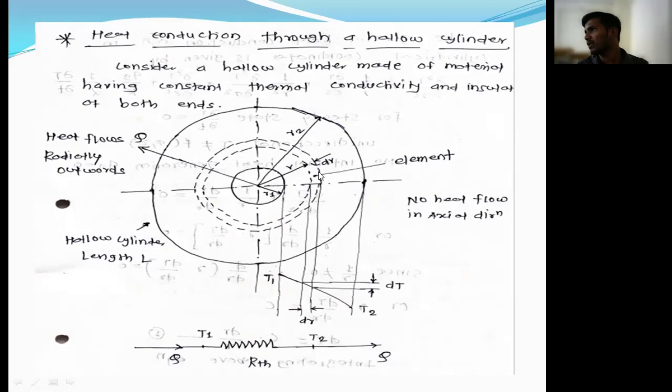Okay, and whatever the small element we have considered having thickness is dr, and that temperature difference we have considered as dt. Okay, त्या दोन्ही मधला टेम्परेचर डिफरन्स काय असणार आहे तो आपण dt कन्सिडर केलेला आहे.